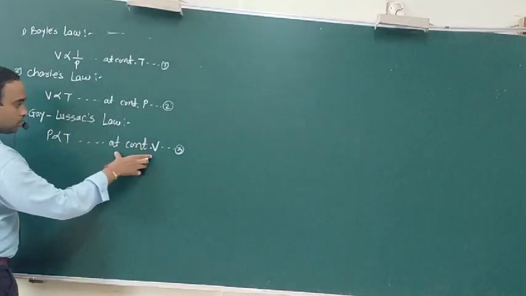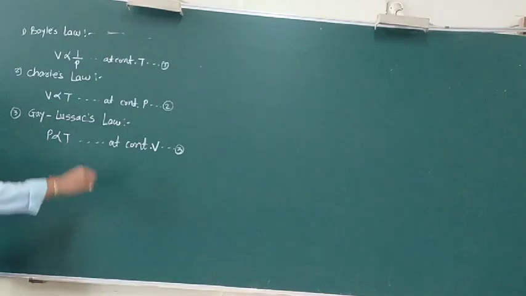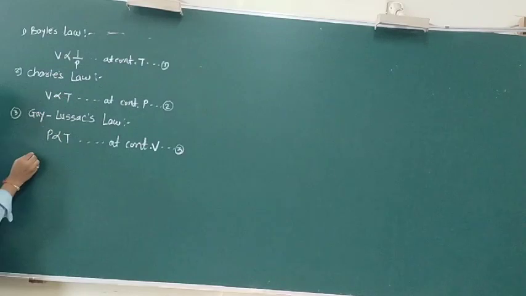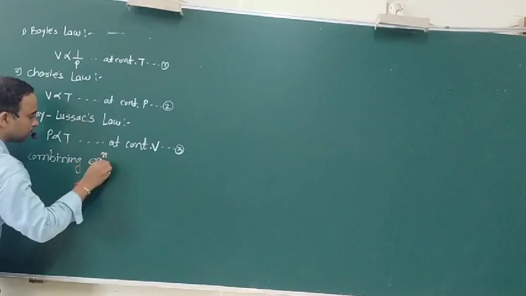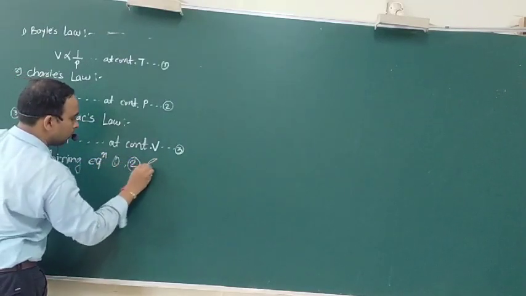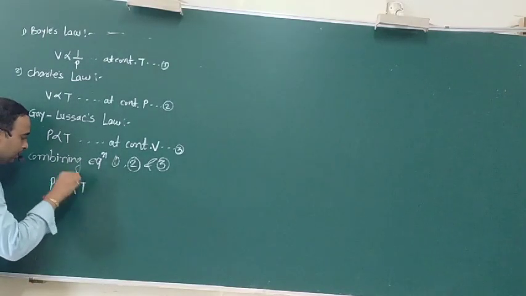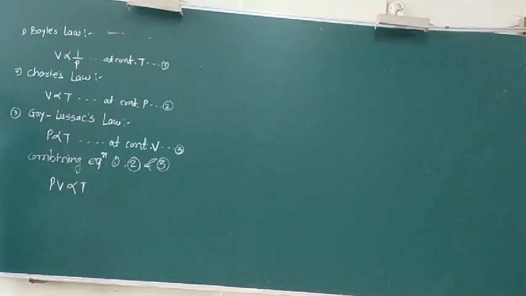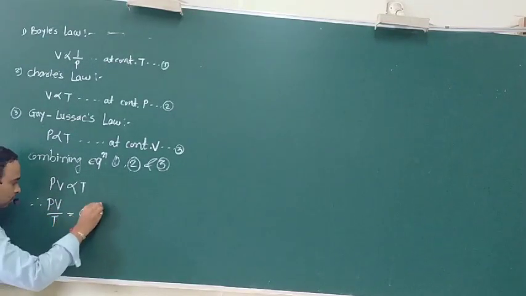By Gay-Lussac's law, at constant volume, pressure is directly proportional to T. So, combining equations 1, 2 and 3, we get PV is directly proportional to T. Therefore, PV upon T is equal to constant.